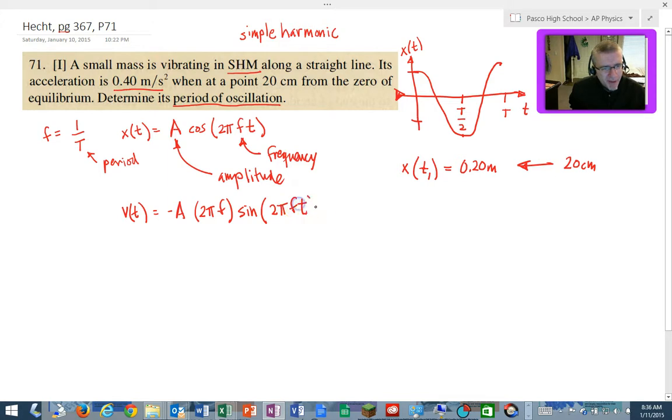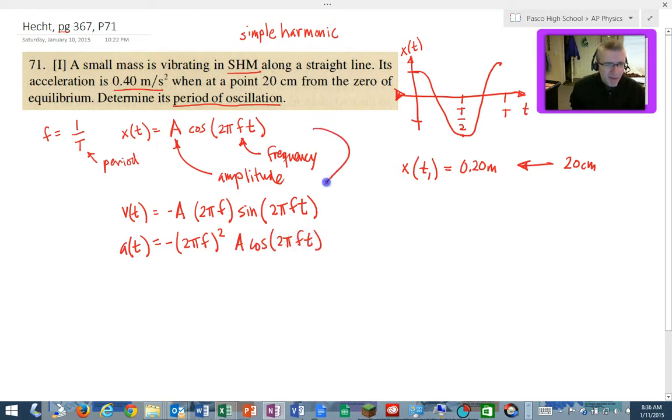Cool thing about sinusoids, they just stay sinusoids no matter how many times you differentiate them. And this is going to be 2 pi f squared times a minus sign out front times a cosine 2 pi f t.